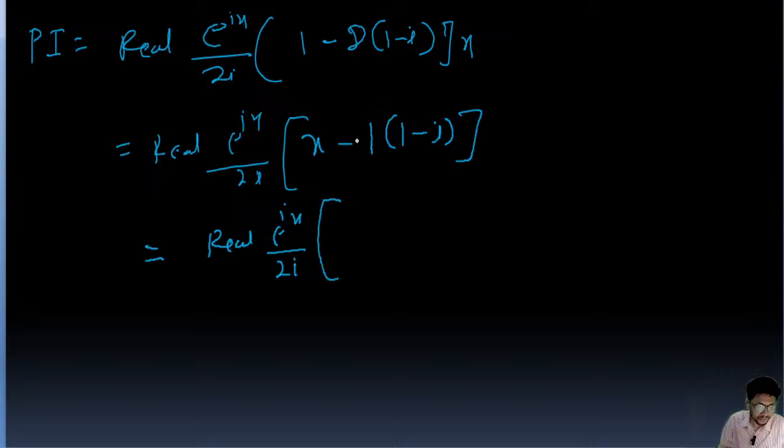So x minus 1 plus iota, or we can write this as iota minus iota, right? This is right minus e to the power ix upon 2. So 1 upon 2I we can write as minus I upon 2, right?